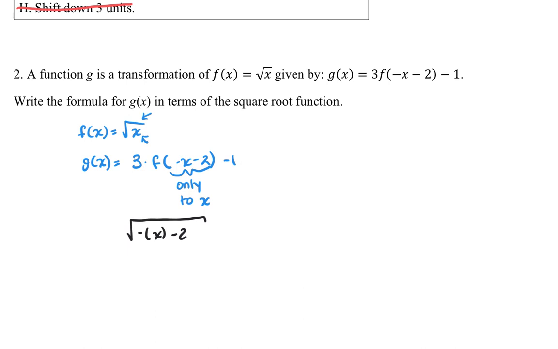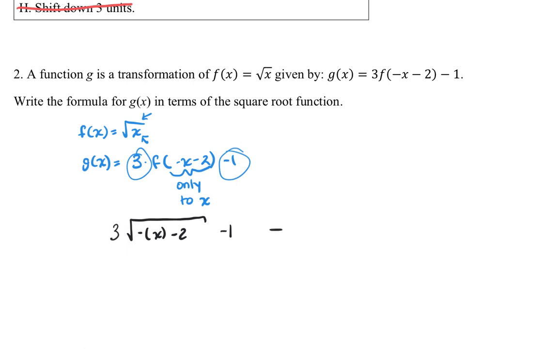Okay, and then as we see, everything else, so everything here and here, happens outside the f of x, so it happens to the entire function, so it'll happen outside the radical. So that means this entire thing will get multiplied by 3 and will be shifted down by 1 unit.